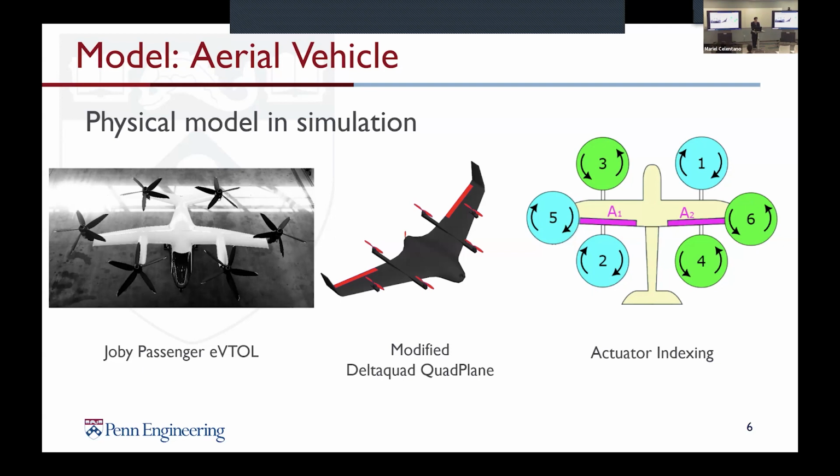We add 2 ailerons on the wings, and you can see here there are 6 rotors and 2 ailerons, and we also disable the pusher rotor on the back. Finally, we have the actuator indexing map on the right for your reference.